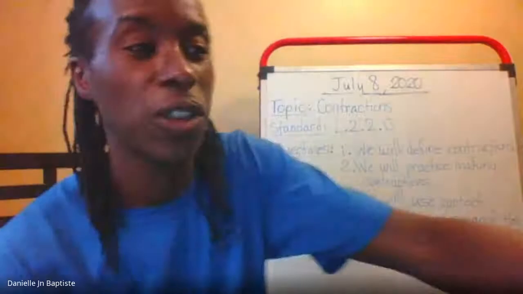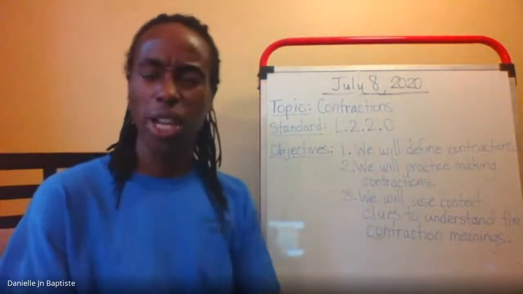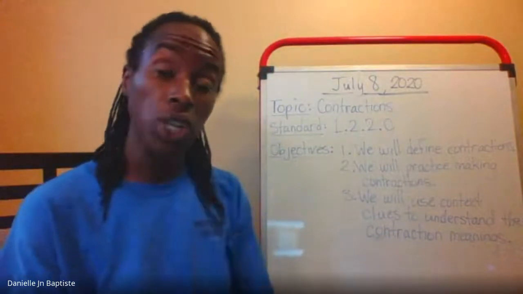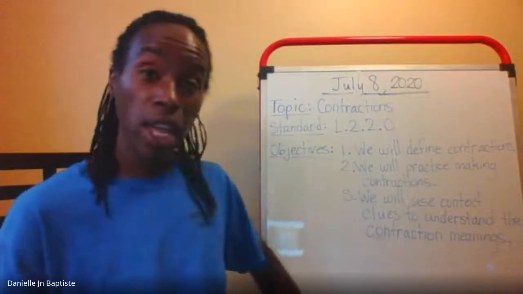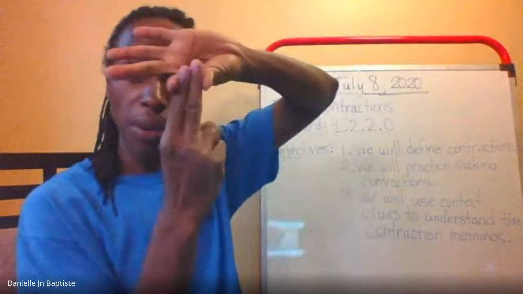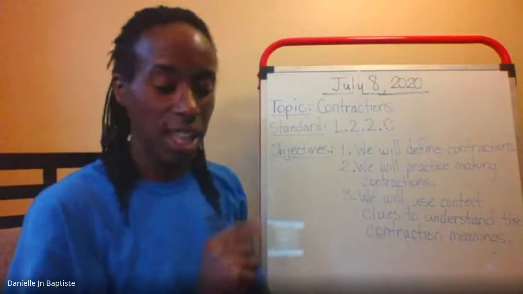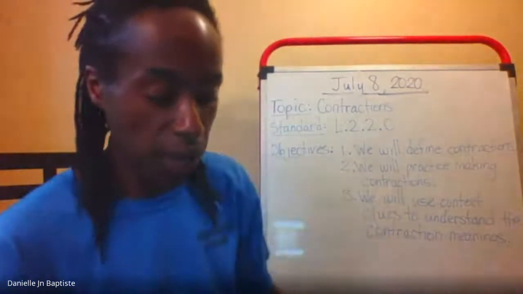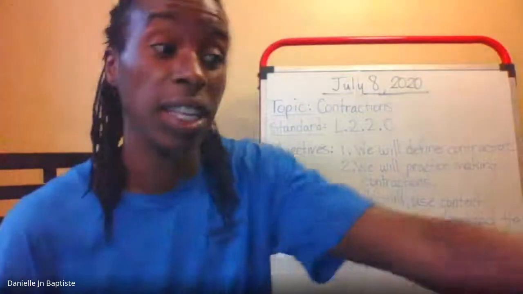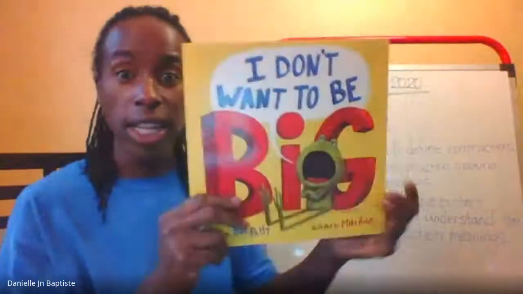All right, let's start with the first one. A contraction. We have to define what a contraction is. A contraction is when you take 2 words and you put them together so that they are now one word. Yes? Let me give you an example. One of the first contractions that we have in this wonderful book, it's on the title, on the cover page.